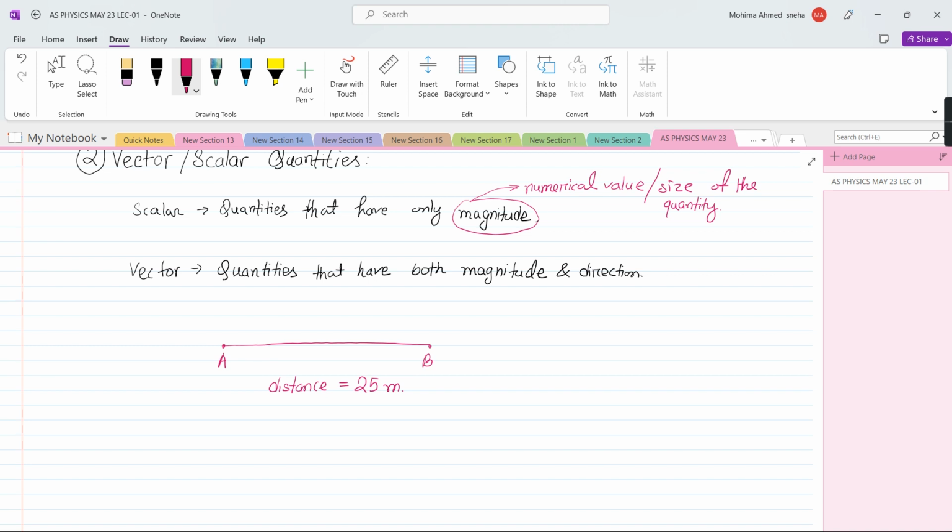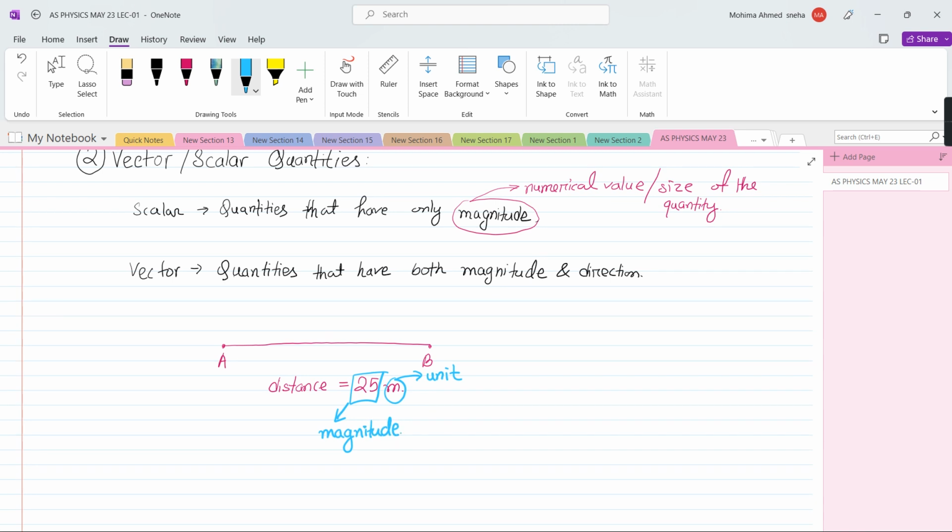For this one also, the meter stands for the unit of the quantity distance, and this 25 gives you the size of the quantity, like how big that quantity is, or the numerical value of that quantity, or, using our mark scheme word, the magnitude of the quantity.